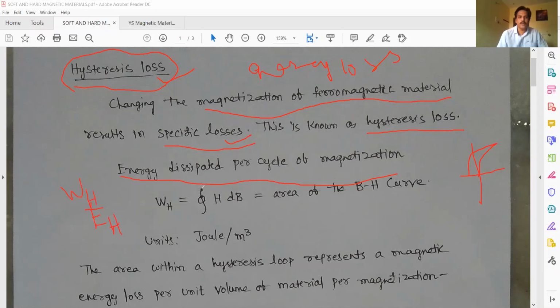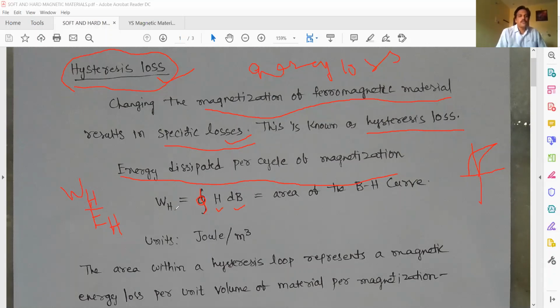That is nothing but the integral over the closed path of the product of magnetic field and change in the magnetization. That gives the energy dissipated per cycle per unit volume.